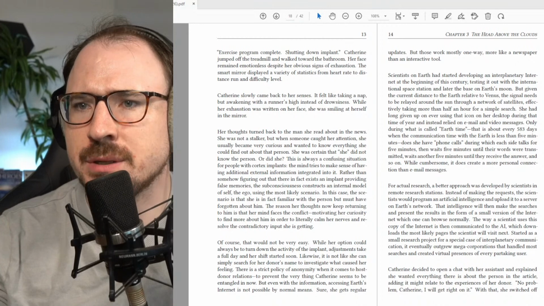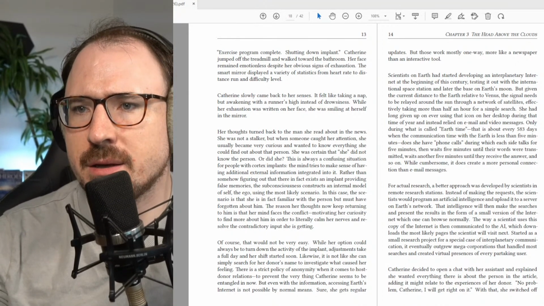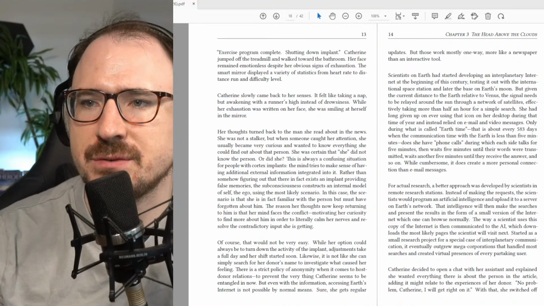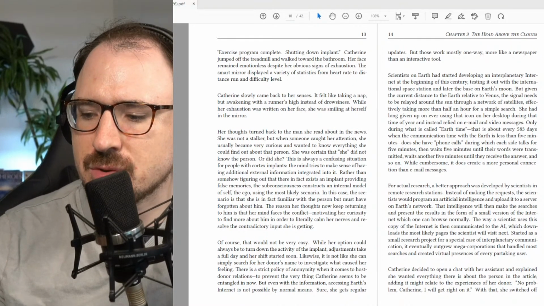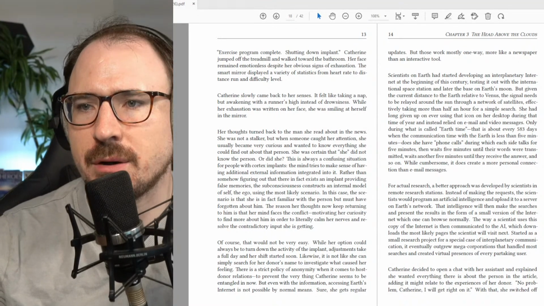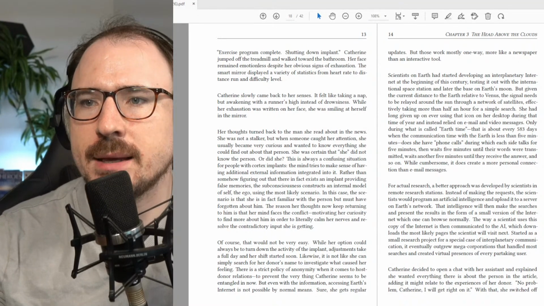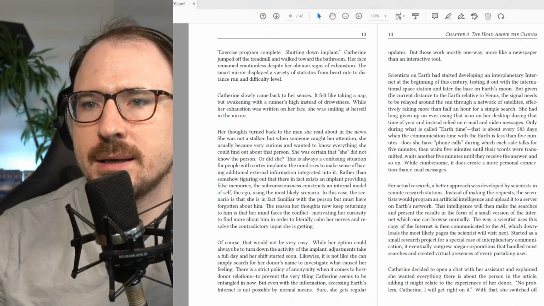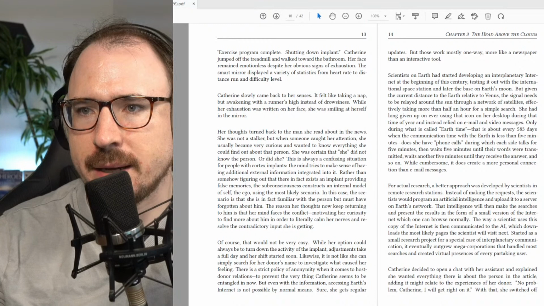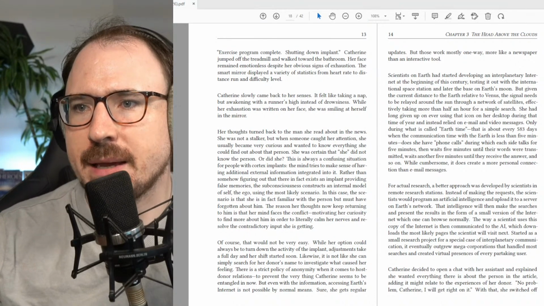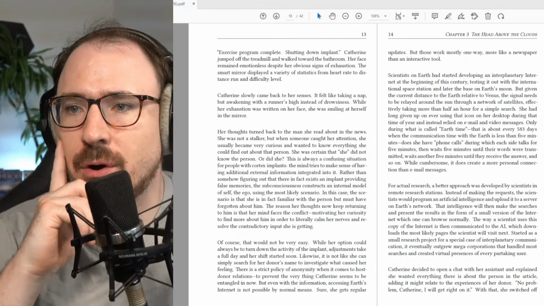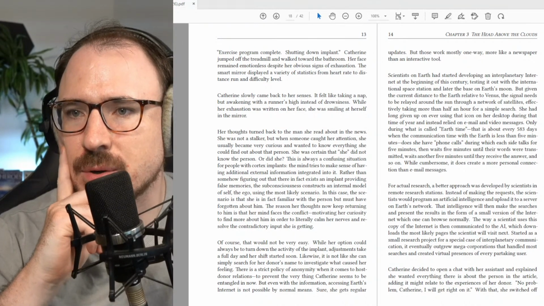While her option could always be to turn down the activity of the implant, adjustments take a full day and her shift started soon. So she's in a sort of conflict of having to do her duties on the station to keep it running and having to endure those strange sensations given by the implant. Likewise, it is not like she can simply search for her donor's name to investigate what caused her feeling.